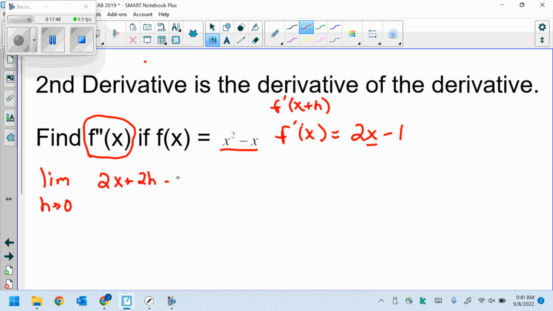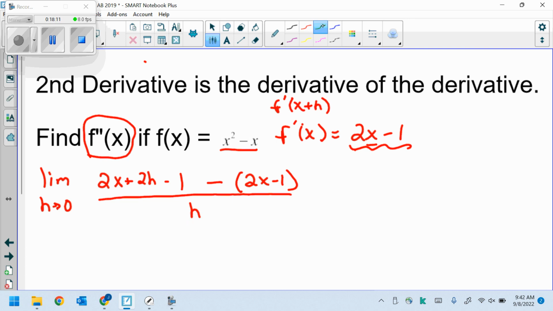Minus 1. And then we have to subtract this thing, and then divide by h. So we're taking the derivative of the derivative. We're treating this as if it was the function and finding its derivative.